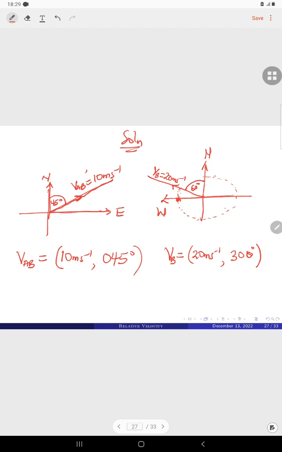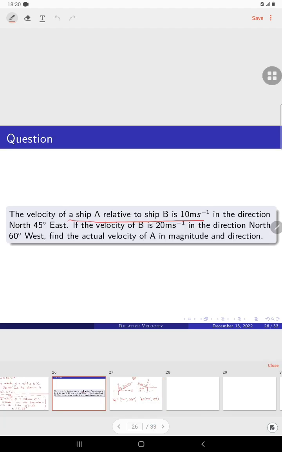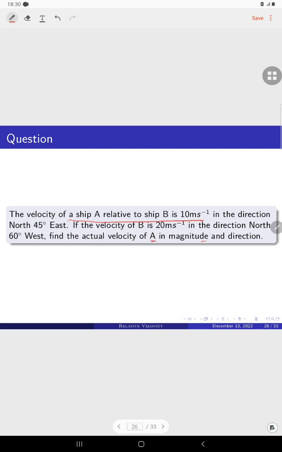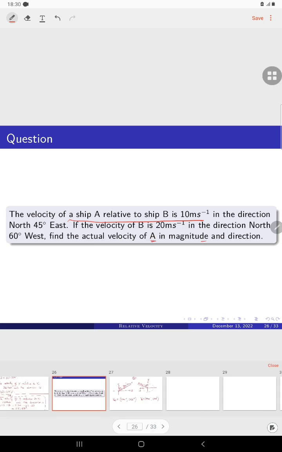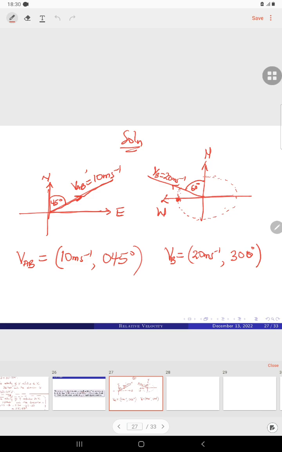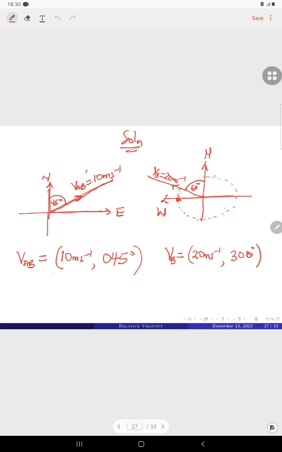The question wants us to find the velocity of A, the actual velocity of A, the magnitude and the direction. But what information do we have here? We were given VAB. But we know that VAB, how do we write an expression for VAB?